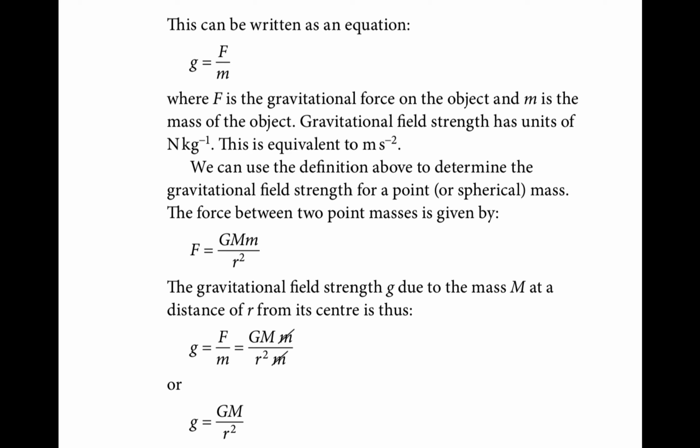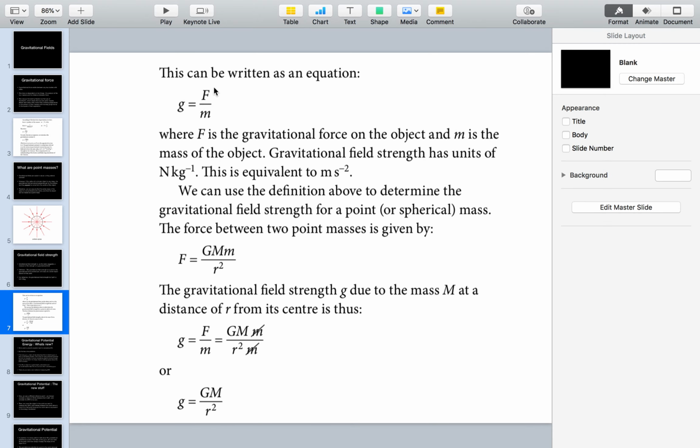So what we do is we make F the subject in this equation, and then F is the subject in this equation by taking m over there. So F is equal to mg, and F is also equal to GMm over r squared. We equate these two equations. So F by m is equal to GMm over r squared. This is done in a different way here, so you can do it like that.